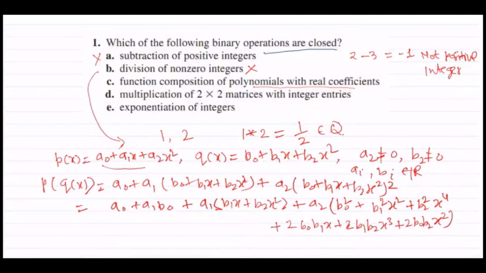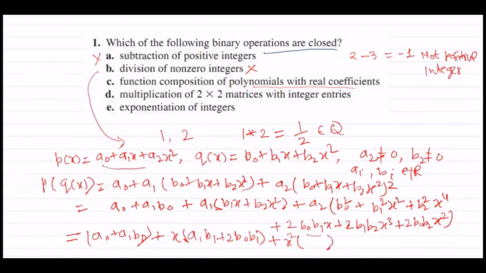So when we simplify this, what we get? a0 plus a1b0. This is the constant term, and let us collect the coefficient of x. So we have a1b1, and from here we can get another coefficient, 2 times b0 and b1, and similarly we can collect the coefficient of x square, then x cube, and then x to the power 4.